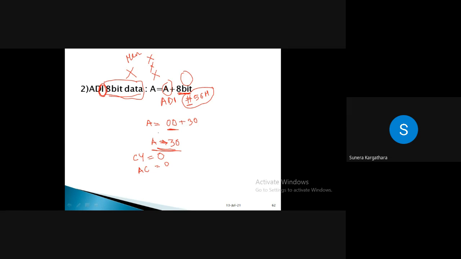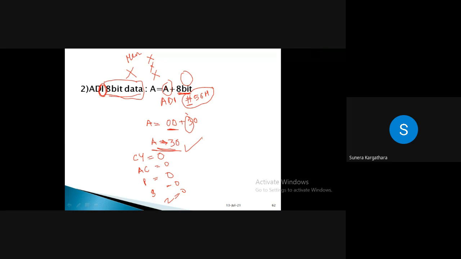Because the lower order, you have not taken anything here, so obviously our result is 0. Parity is also 0. Sign also 0. And zero flag is 0 because your result is non-zero.